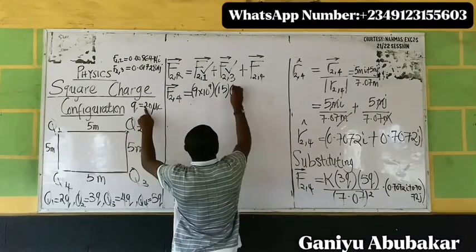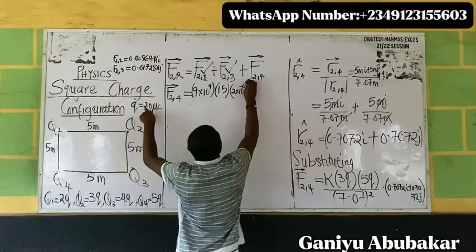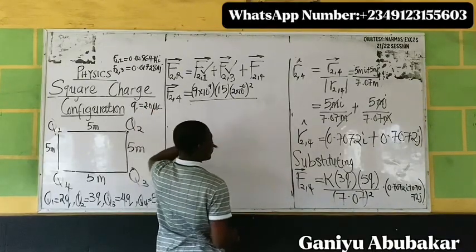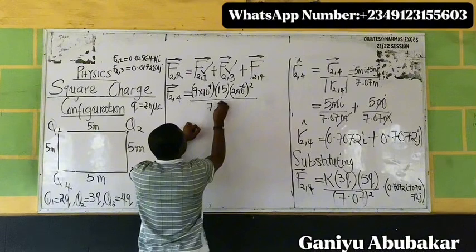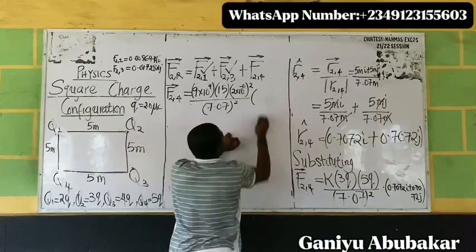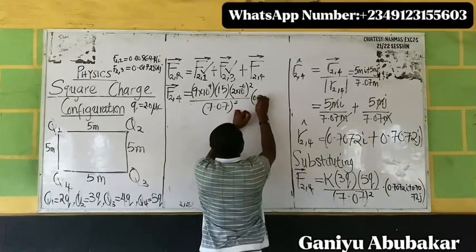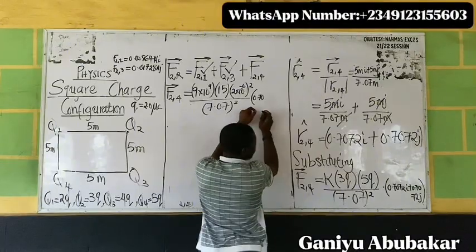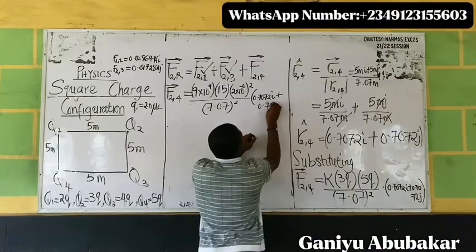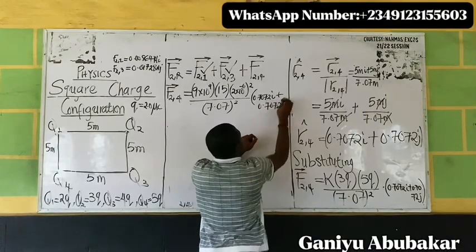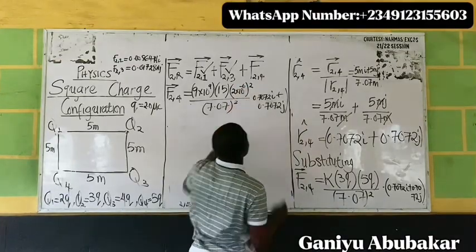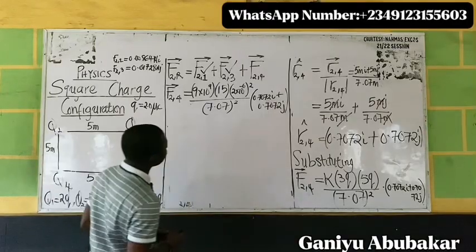And Q is 2 times 10 to the power minus 6, all squared. In the bracket, I have 0.707 I plus 0.707 J. All right, I have this one.